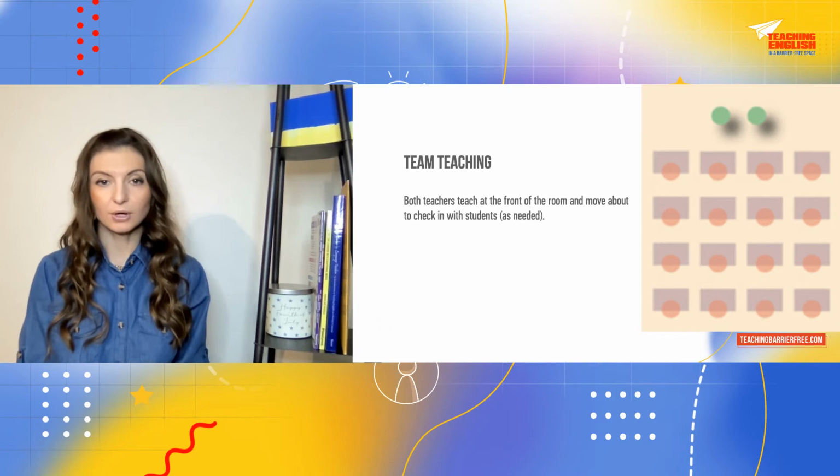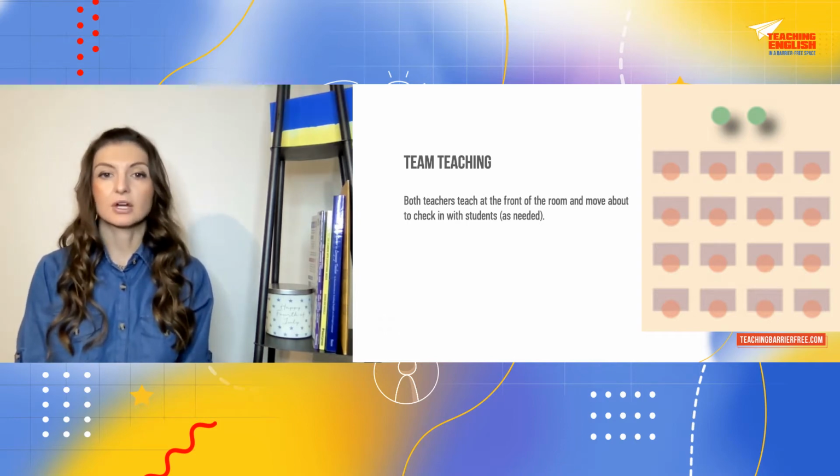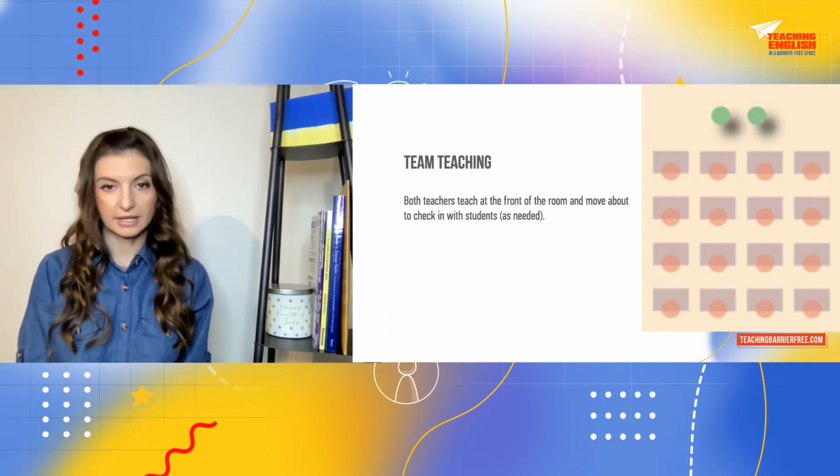You and your co-teacher are a bit like co-presenters at a conference or the Oscars. You don't necessarily plan who takes which part of the lesson, and when one of you makes a point, the other can jump in and elaborate if needed.